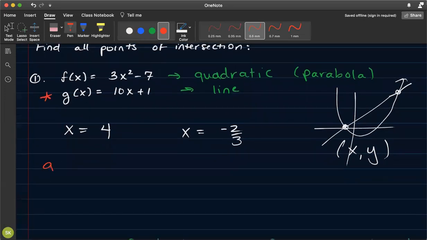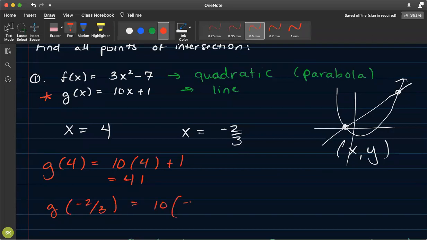If I plug 4 into g, I get 10 times 4 plus 1, which is 41. And if I plug negative 2/3 into g, I get 10 times negative 2/3 plus 1, which is negative 20 over 3 plus 1. This is 3 over 3, so negative 17 over 3.